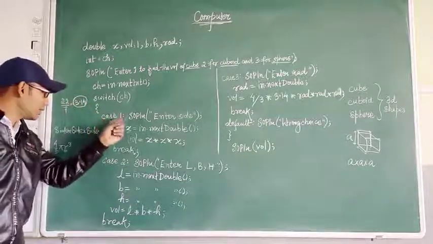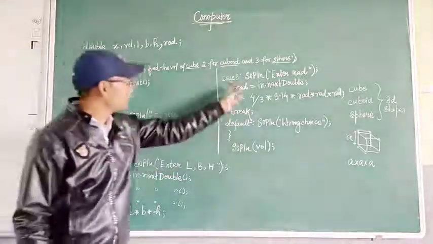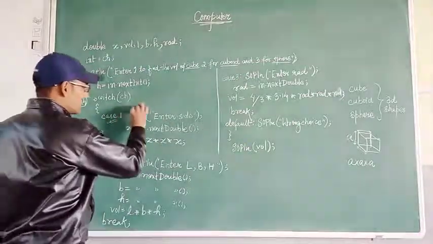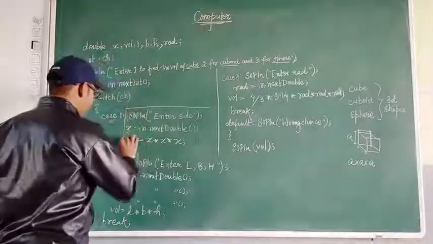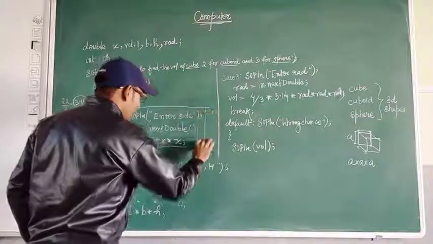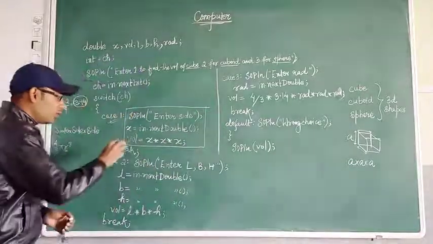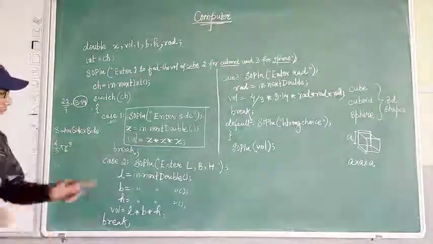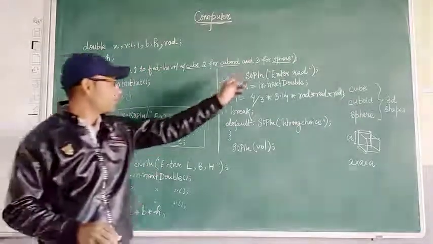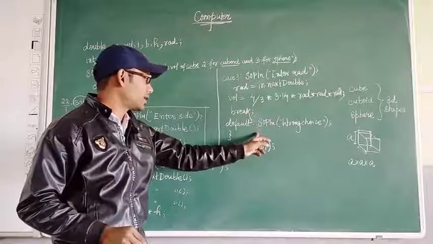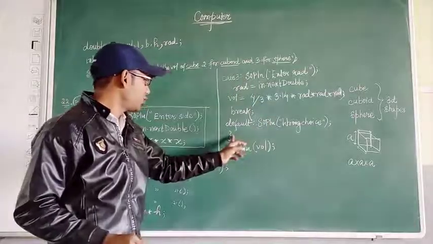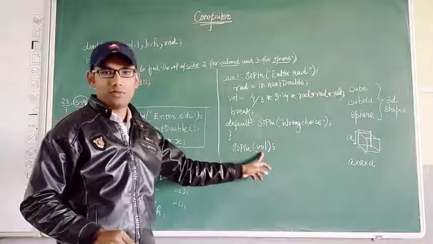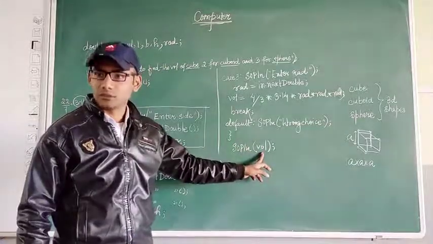Where is 1? This one or this one or this one? This one. So this whole part will execute, and the final volume will be stored over here. The compiler will not go inside the other cases. Then system.out.println vol, which stores the result.